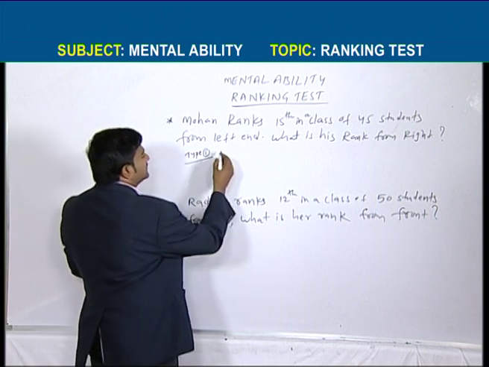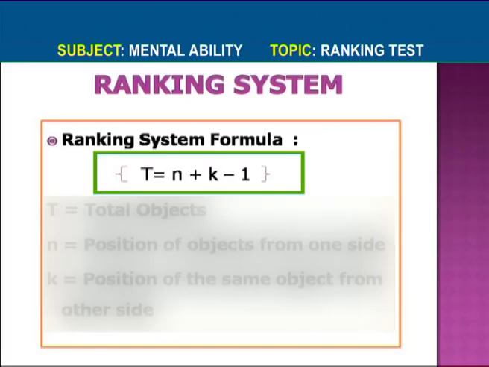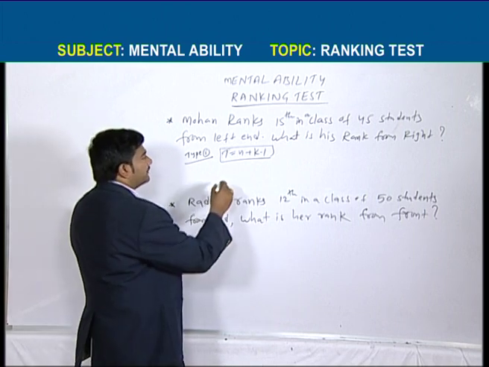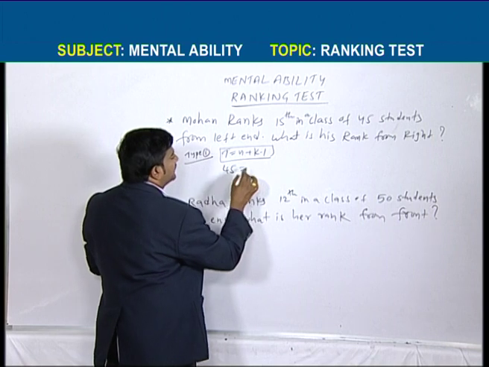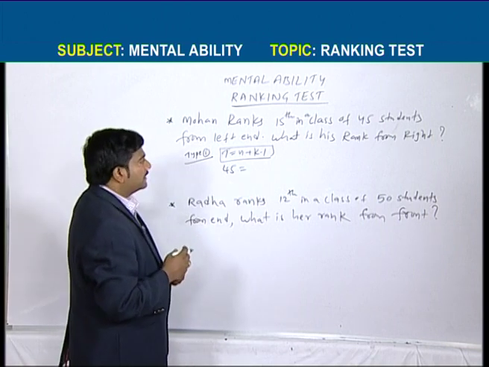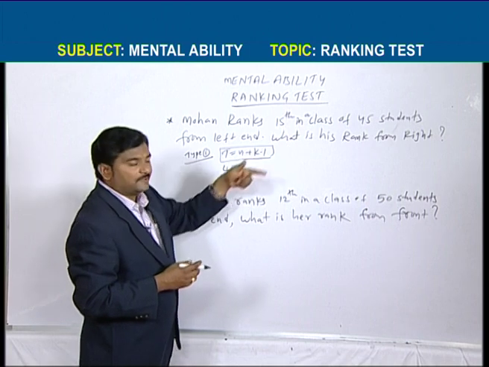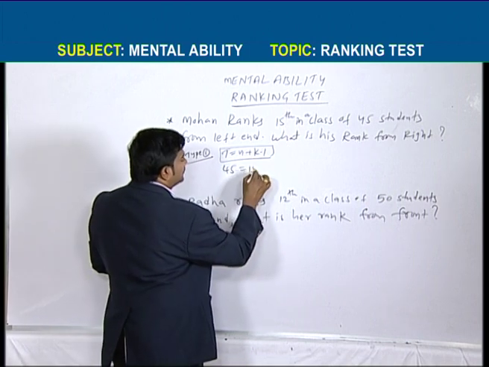So type 1 is very clear, no issue, by using formula T is equals to n plus k minus 1. T stands for total. How many objects are there in the given question? 45 objects, means there are 45 students in a class. Okay, there is no issue with this. 45. N plus k minus 1. N means what is his rank from one end? 15. That's why n is equals to 15.